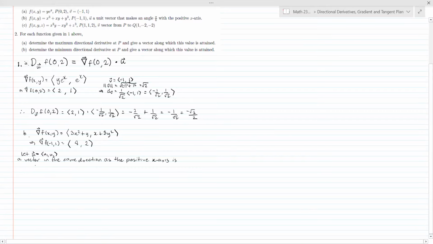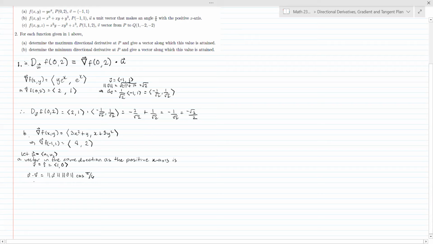And actually, this v is a unit vector. So using our formula for the dot product, since there is an angle involved, u dot v is equal to the norm of u times the norm of v times the cosine of the angle between them. So we want the angle with the positive x-axis to be pi over 6.